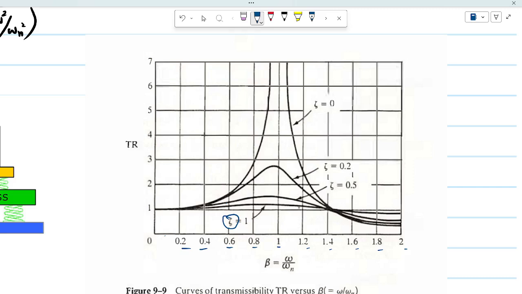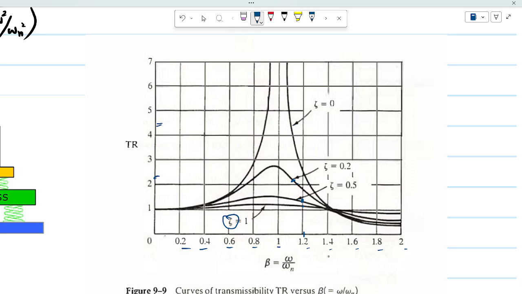And in the same case, if you keep the frequency ratio as constant value, then your transmissibility will increase with the reduction in damping. So here it was 1, at 0.5 you will see higher transmissibility, and at 0.2 you will see even higher transmissibility, and at 0 you will find almost infinite transmissibility.